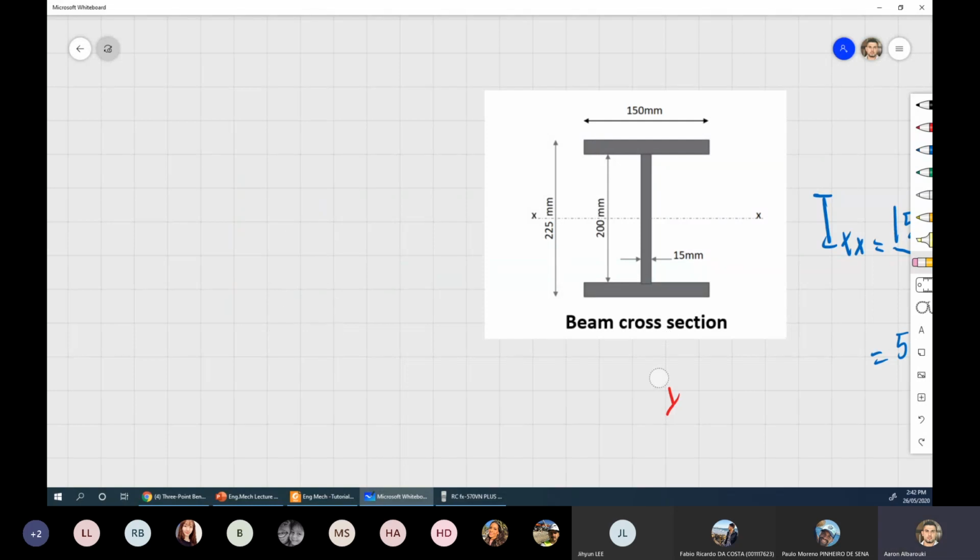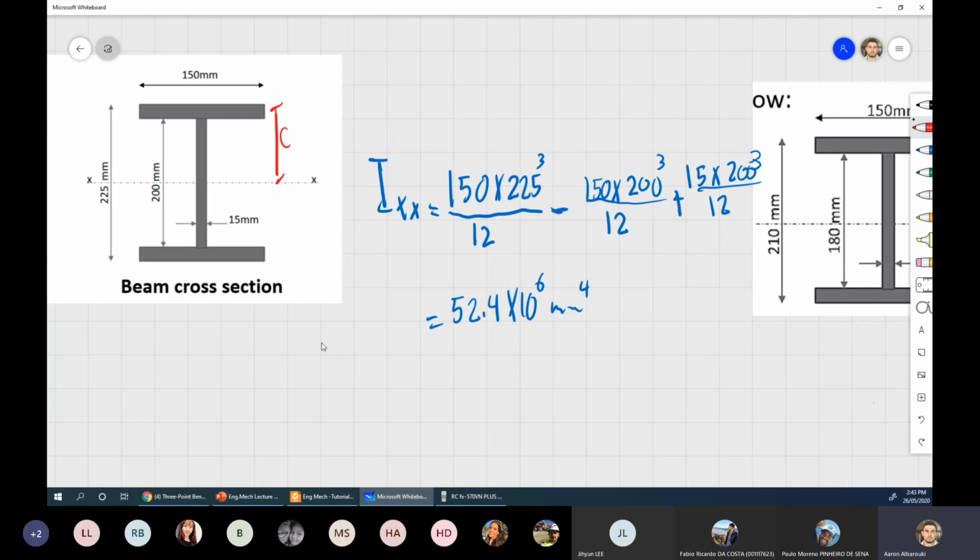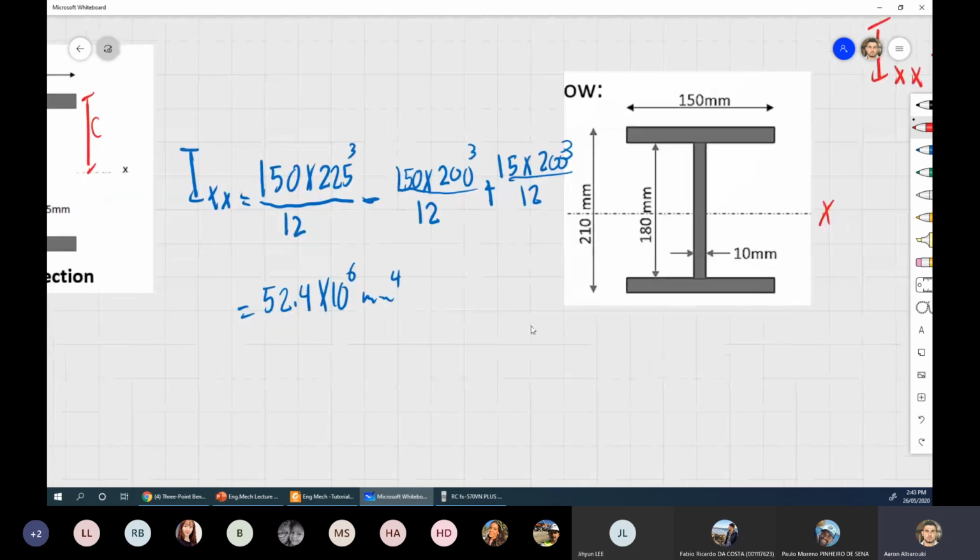Okay, so assuming we calculate the I value, all we have to do is calculate the bending stress. Let's go back. To calculate the bending stress for a beam, we have to find M, the maximum moment, multiplied by C, which is the maximum distance from the neutral axis. In our case here, for example, it's 225 divided by 2. In the previous example, it is 210 divided by 2.